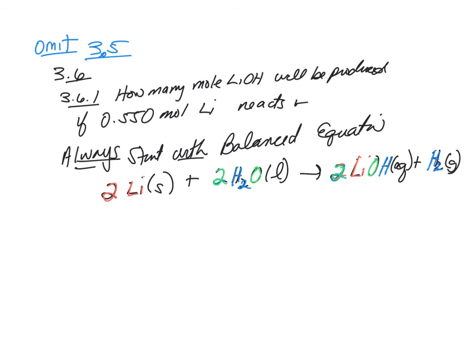So yes, we have a balanced equation. When I do these, I go from that element to that element to that element, just going left to right on the reactant side. Okay, so now the given is the number in the unit. So we only have one given there. And there's your given, and that's what you're going to start with, 0.550 mole of lithium.